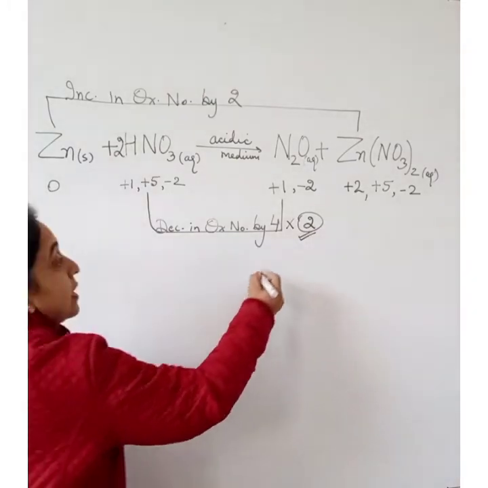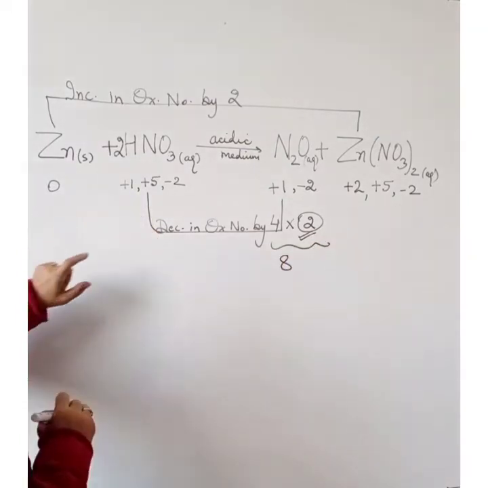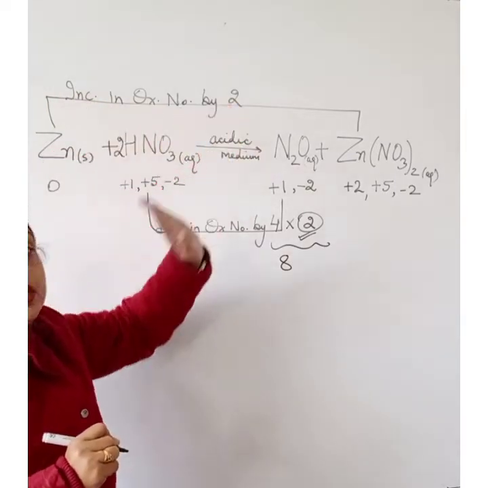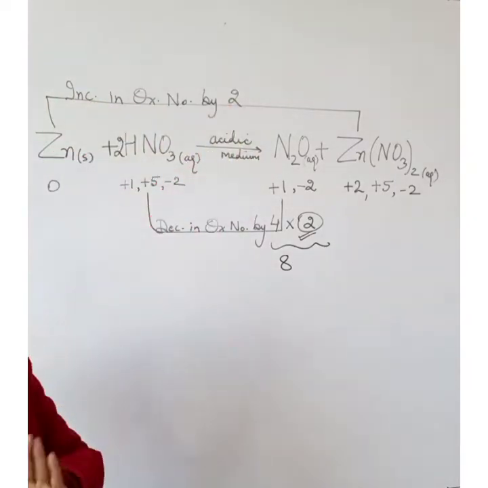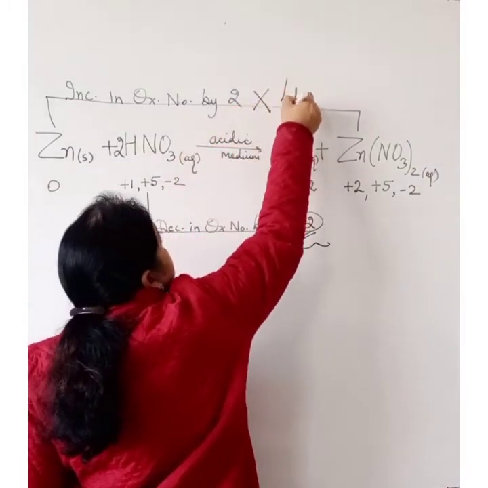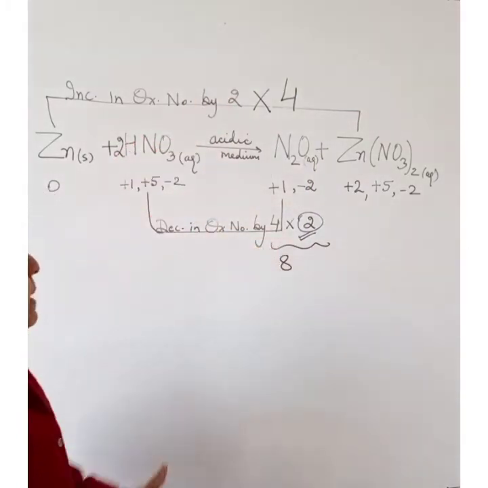So total here we are having the change of 8. But on the other side we are having only the change by 2. Now we have to balance the oxidation number. How to balance? If I multiply this by 4, on both the sides the change will be balanced.